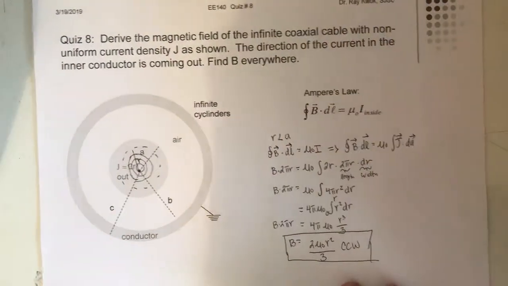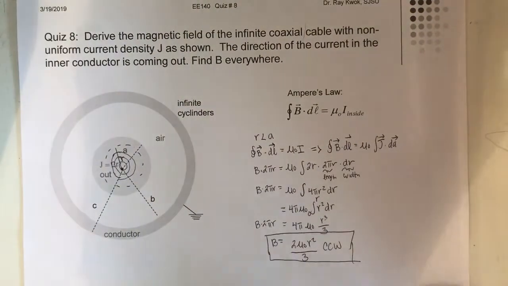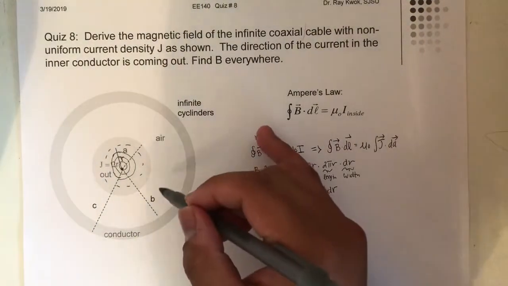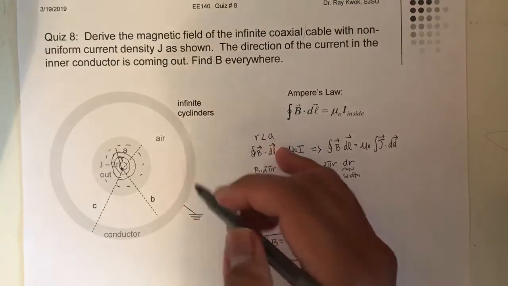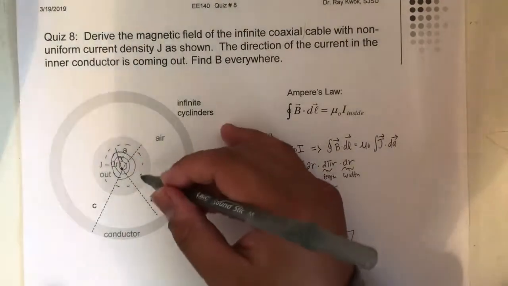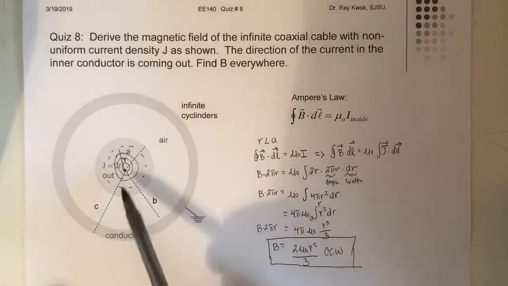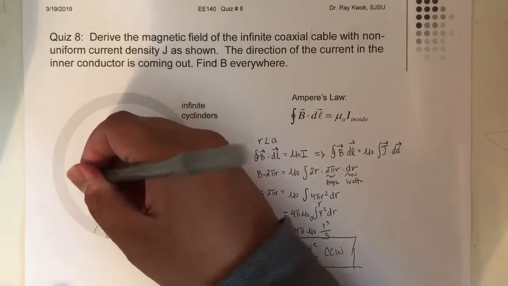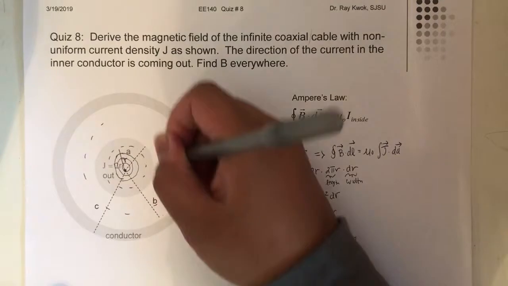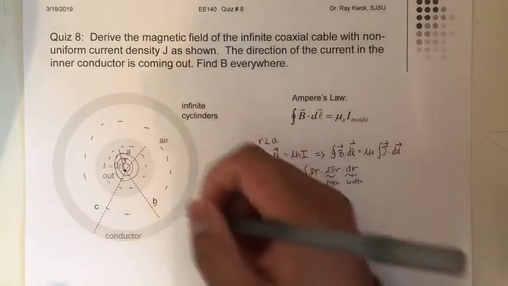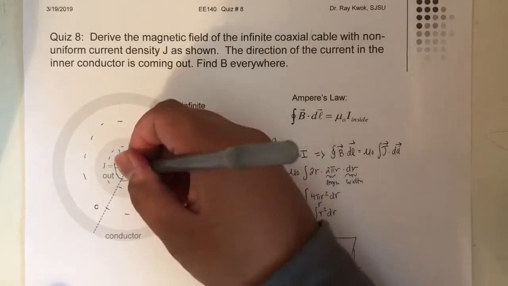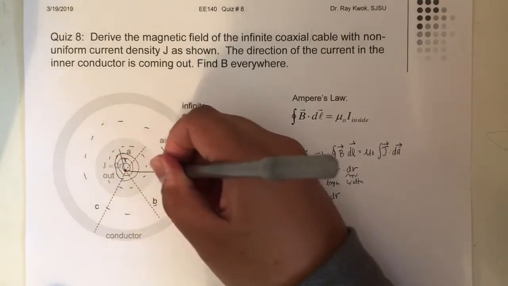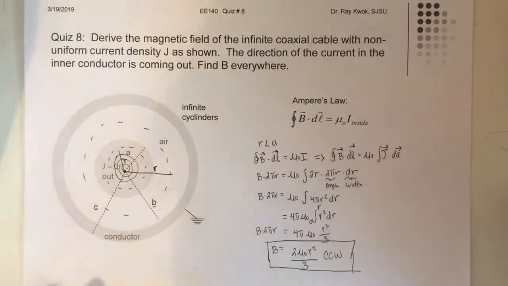Next, we'll find the magnetic field between A and B. Between A and B, we'll make an Amperian loop inside the region B. It's the same distance r.